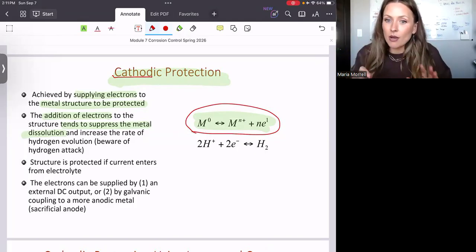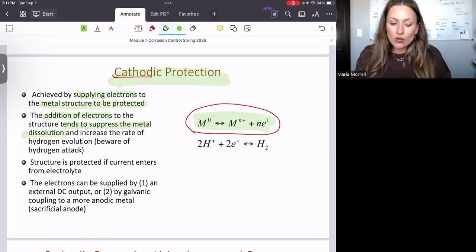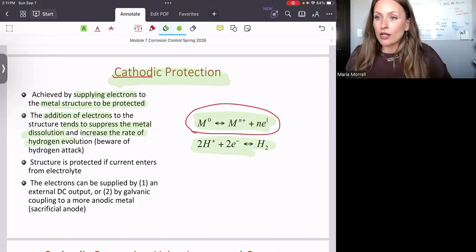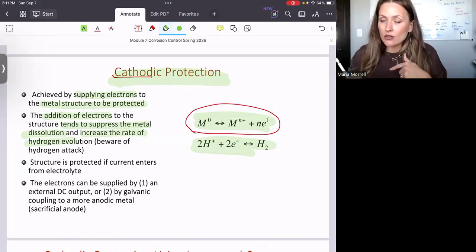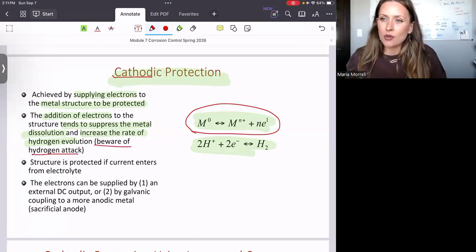You're suppressing the metal dissolution. And as such, you also increase the rate of hydrogen evolution. Well, because if I'm reversing the reaction, the other reaction would increase, right? So this is why with cathodic protection, you must beware of hydrogen attack, because that can become an issue.